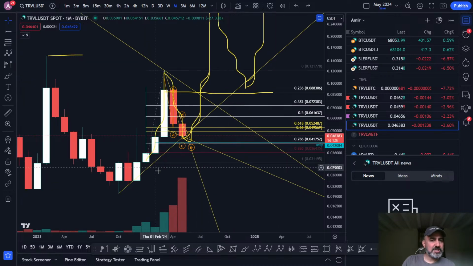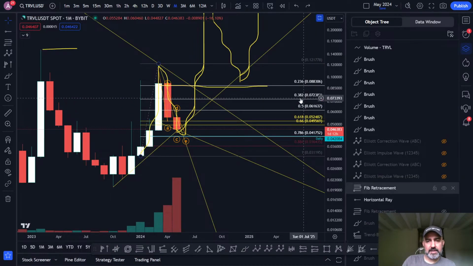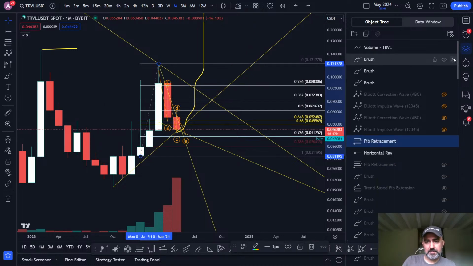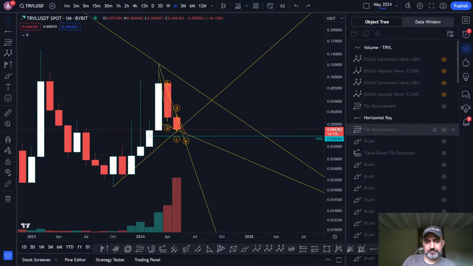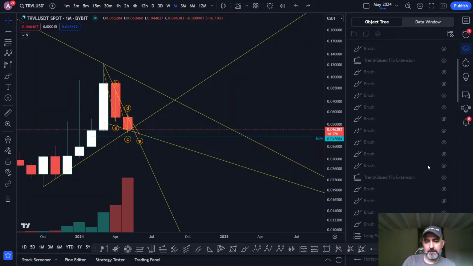Eventually what will happen is that this will bottom out. There's quite a large amount of volume coming into this month. Look at this. I don't know if you realize there's quite a lot of volume. Let's have a look at it. Just hide these.